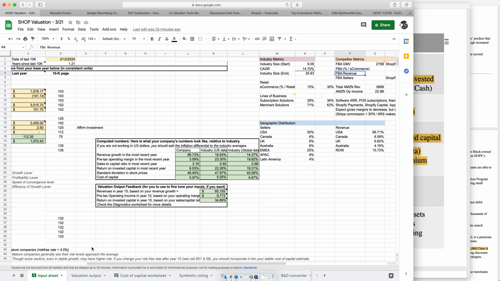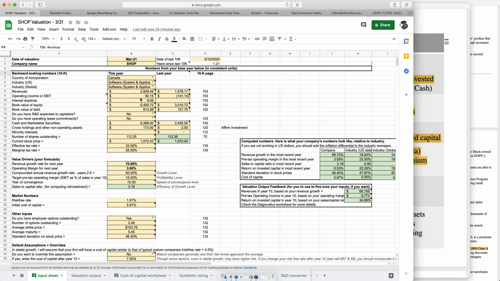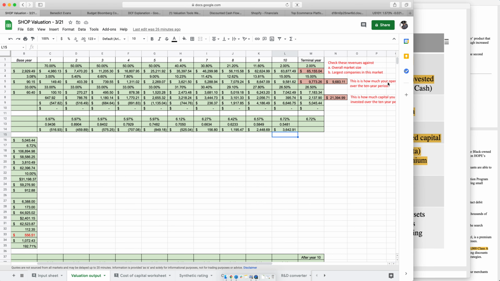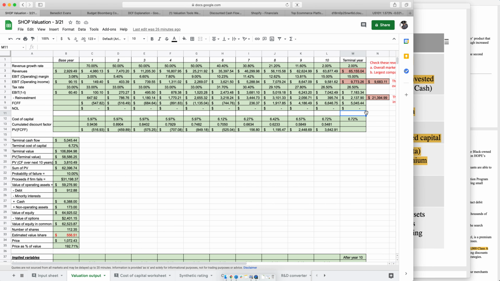That is, of course, a far cry from where we are now, where our operating income is $90 million. So that's many folds over what it is now. I can't do the math off the top of my head. And it does the same thing for all the other things we talked about, right? So tax rates, your investment, et cetera. It tries to calculate your free cash flow based off of that as well.